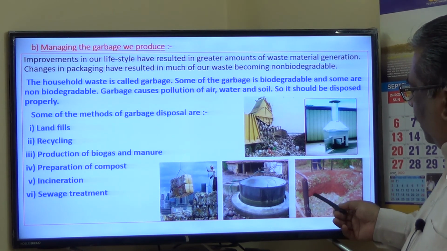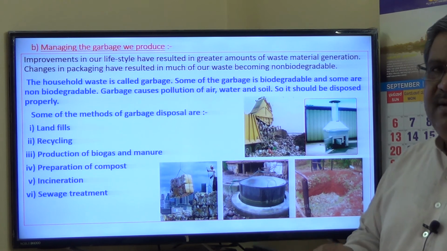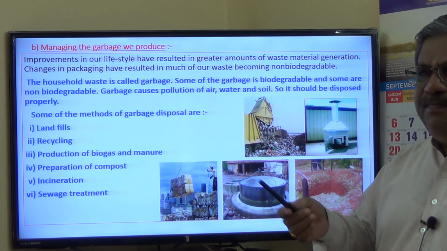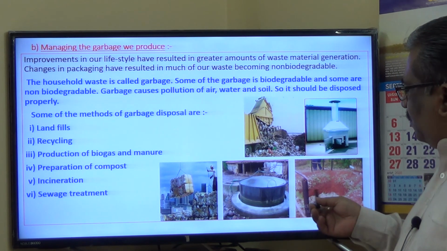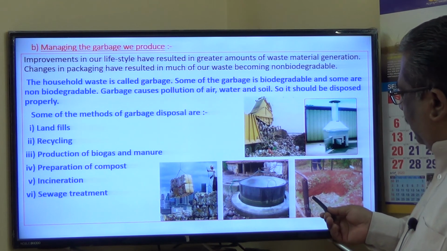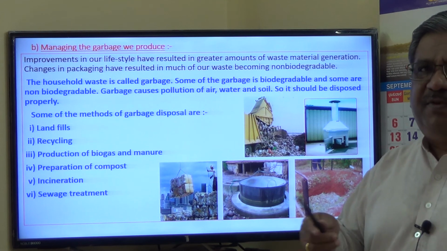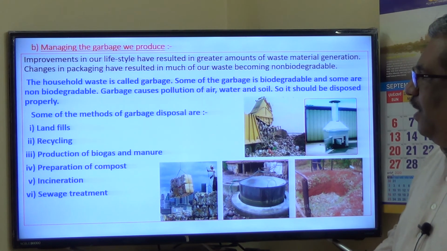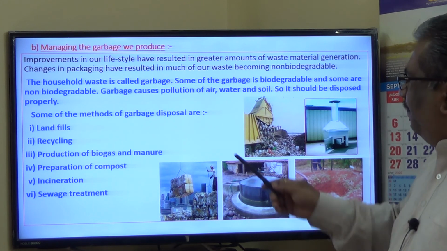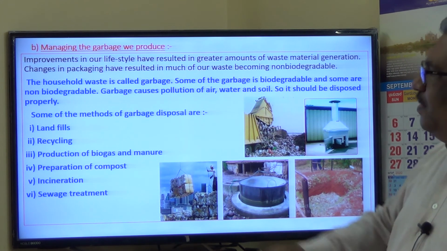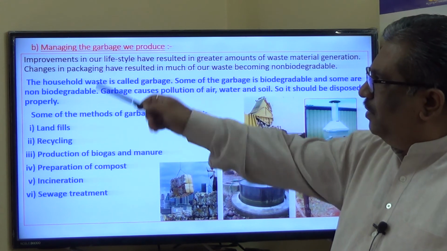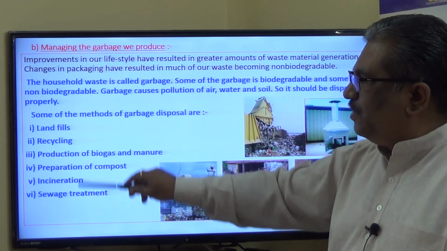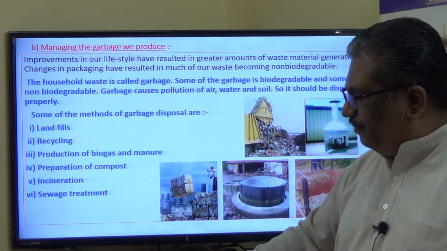Dig the pit, put some leaves and cow dung, and leave some worms inside, and it is called vermicompost if we use the worms to produce the compost that is used as a manure for the plants. So these are some of the diagrams which we have given. So this is what garbage is and how we can manage garbage. Some of the points have been given over here.